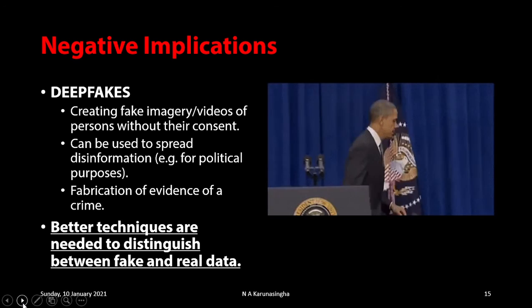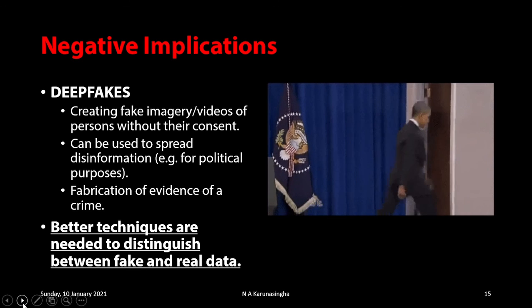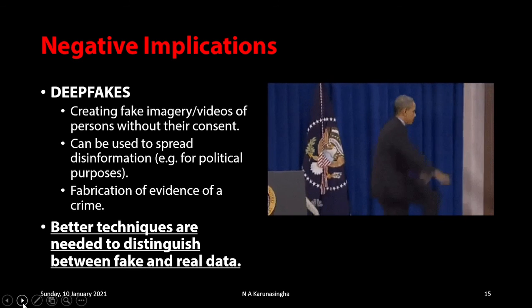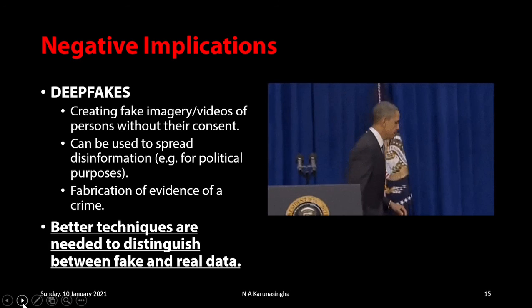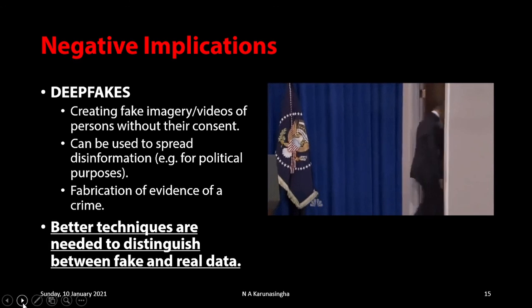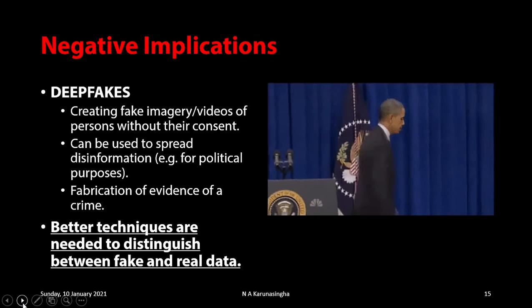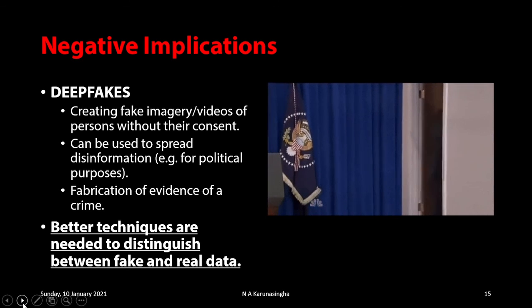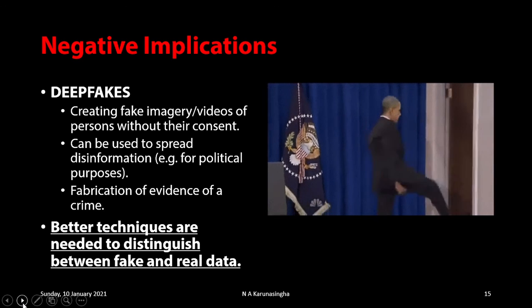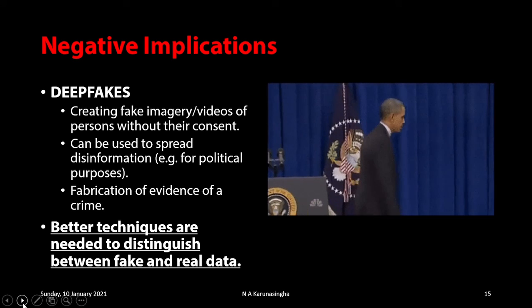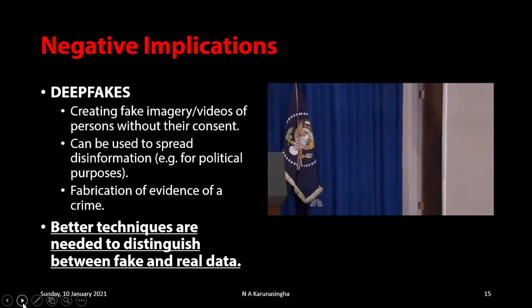For example, a very famous example here is a video of the US President Barack Obama, who seemingly kicks a door in anger when he leaves a press conference. So this was actually promoted a lot among his opposing groups, to show that he can't control his temper. So basically used for a political attack.